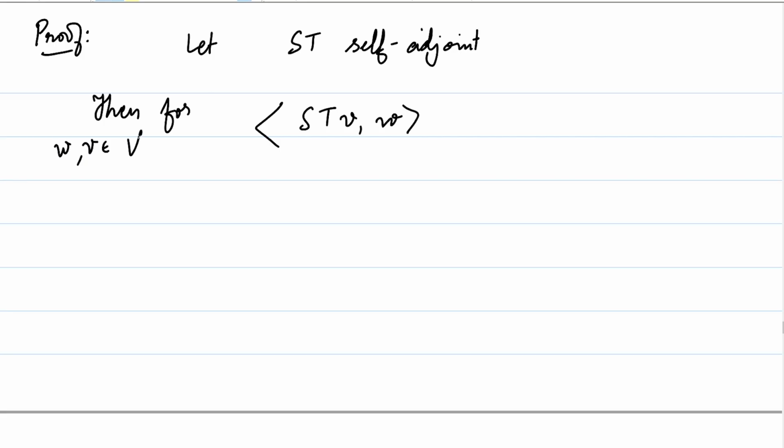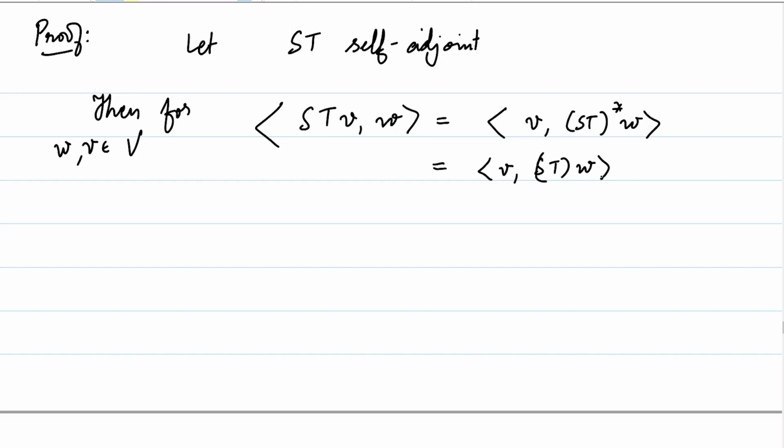Let's try to figure out what this is. By definition, this is going to be equal to V comma ST star of W. And we just assumed that ST is self-adjoint, and therefore this is going to be equal to V comma ST of W.